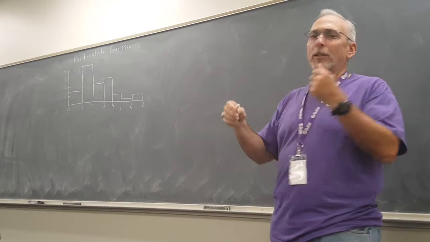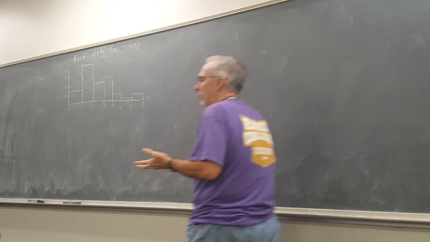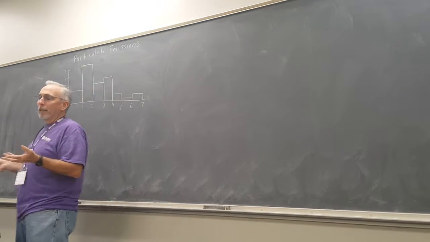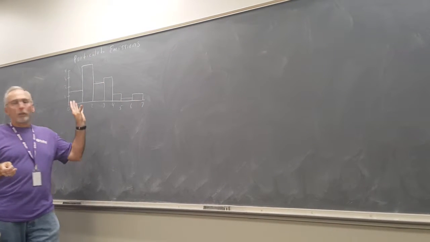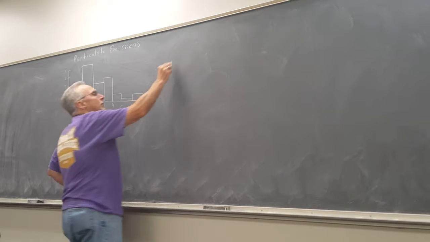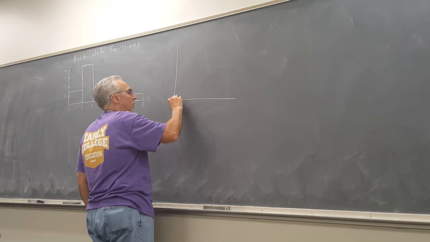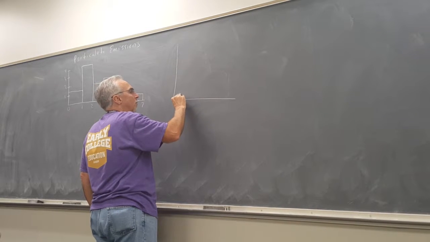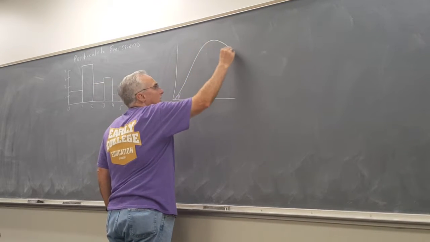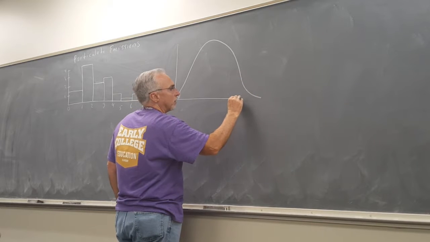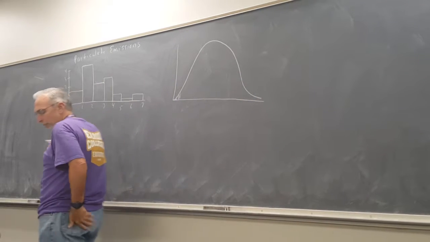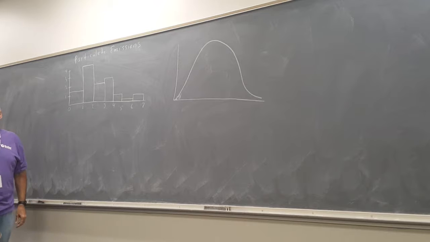And let's say I take every car in the world, which is quite a few. And if I want to set up the little bars, it wouldn't look like this, right? You would have so many little bars, it would start looking like a smooth curve. And that's what the picture on page 230 is representing.